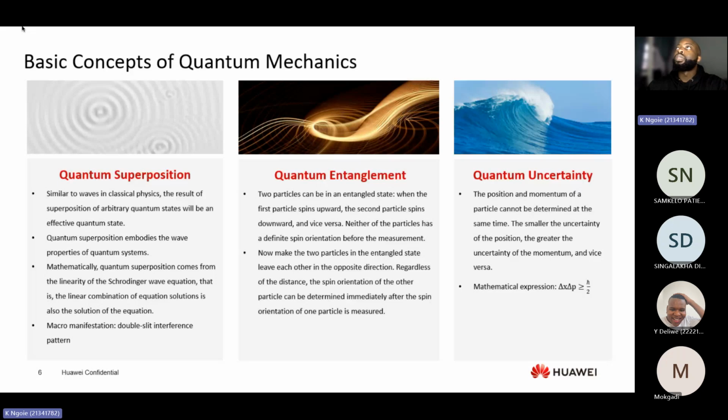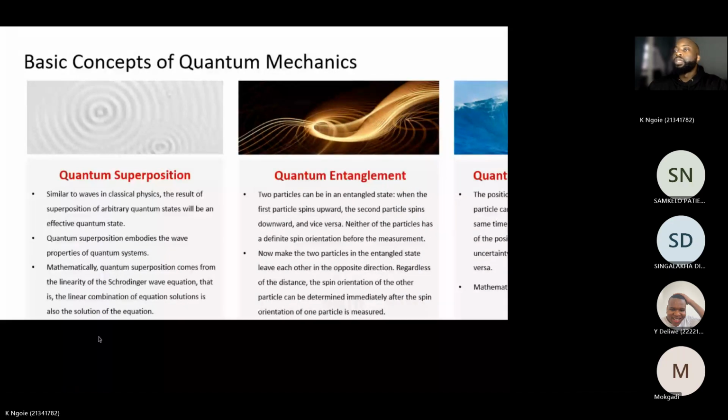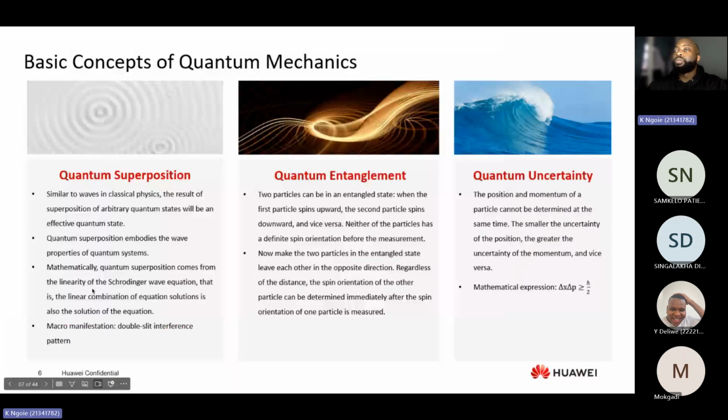It's a full screen. So we have quantum superposition. That means that when we're dealing with qubits in quantum mechanics, we can have a 0 and a 1 at the same time.